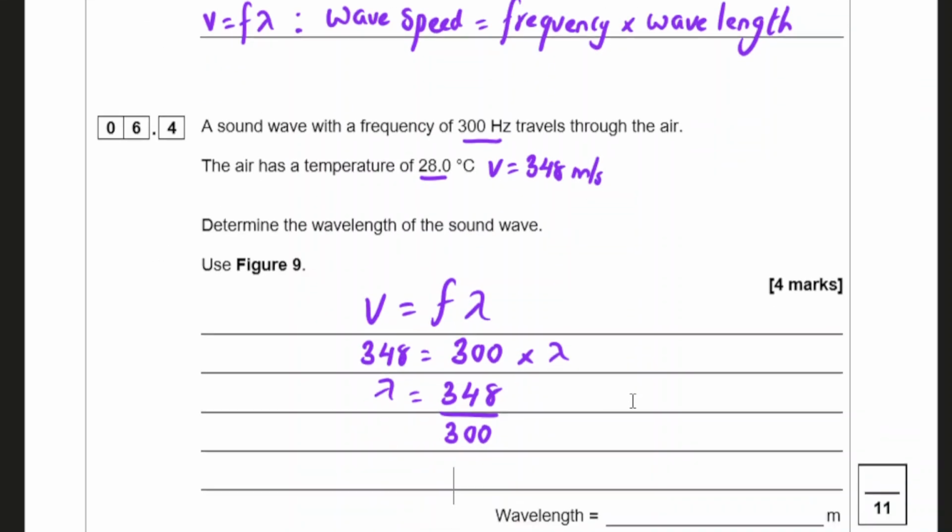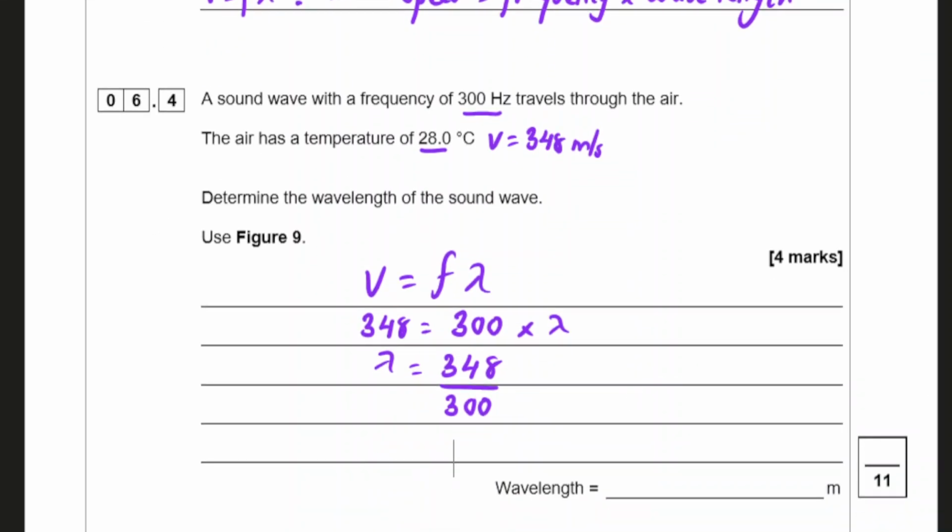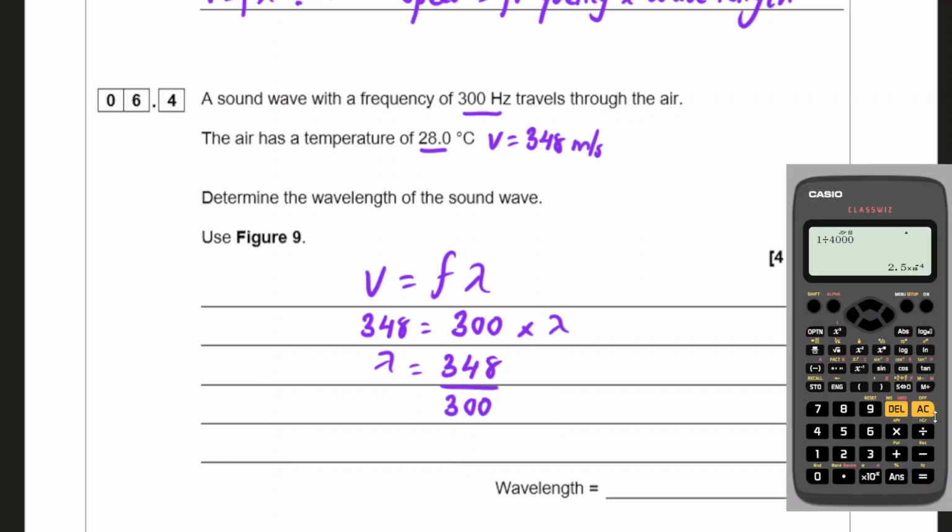So calculator, 348 divided by 300 gives me 29 over 25, which is 1.16. They haven't asked me to give it in two significant figures. I can just simply write it as it is.